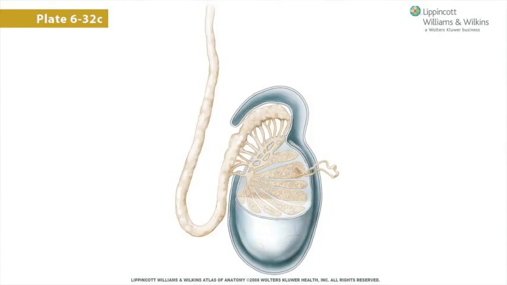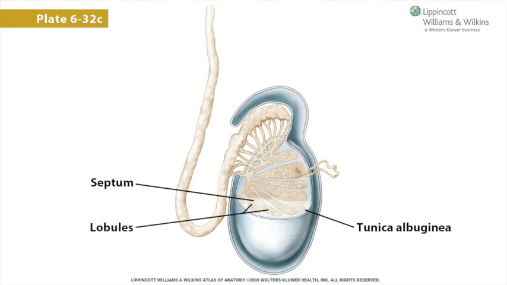The testis is surrounded by a tough, collagenous fibrous capsule called the tunica albuginea, which is Latin for white tunic. The tunica albuginea sends extensions, or septa, into the testis that divide it up into lobules.